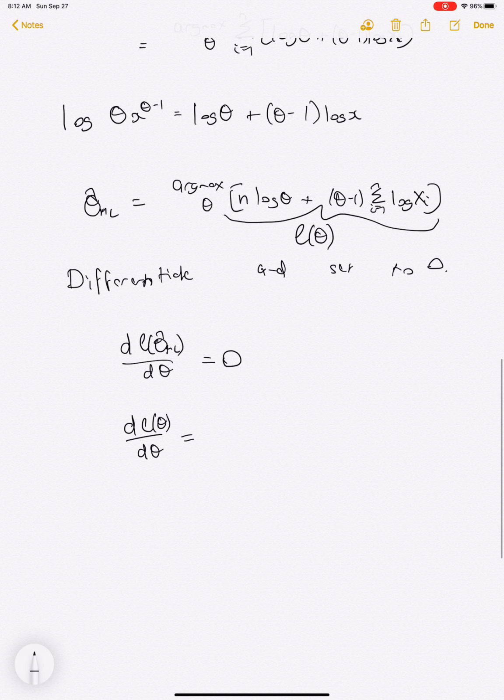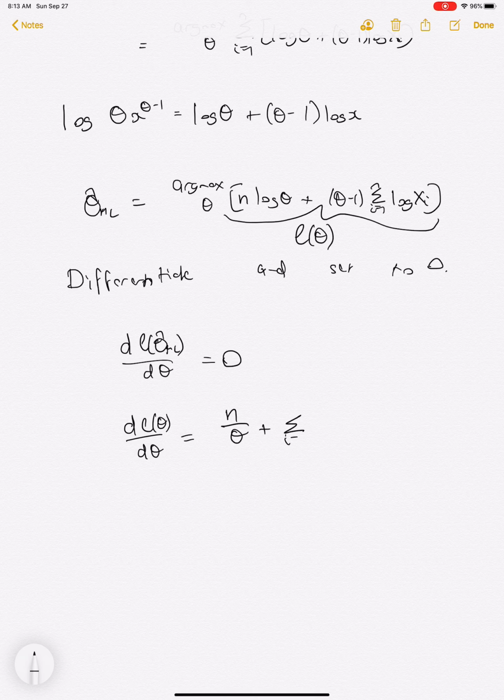theta hat ML, what we end up with is, if you take the derivative of the log, it's just n over theta. Remember, this is the natural log that we're talking about here, and then the derivative of the theta is just whatever that term is.